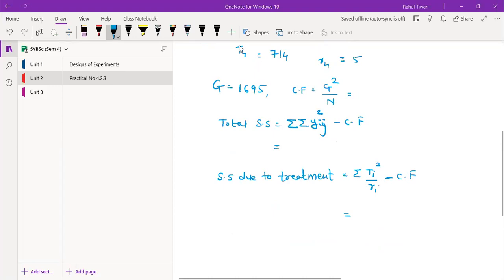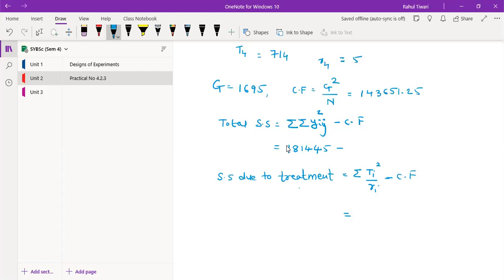So double summation will be 181,445. Correct. So this is nothing but 181,445 minus CF. Just check whether CF you are getting is 143,651.25.